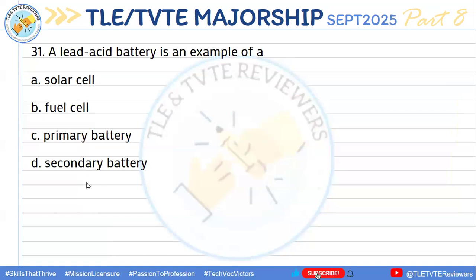Number 31. A lead acid battery is an example of A, solar cell, B, fuel cell, C, primary battery, or letter D, secondary battery.